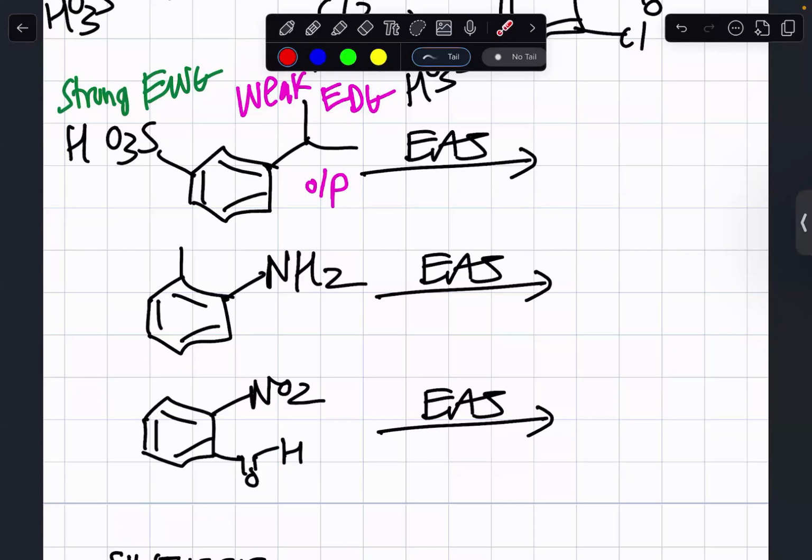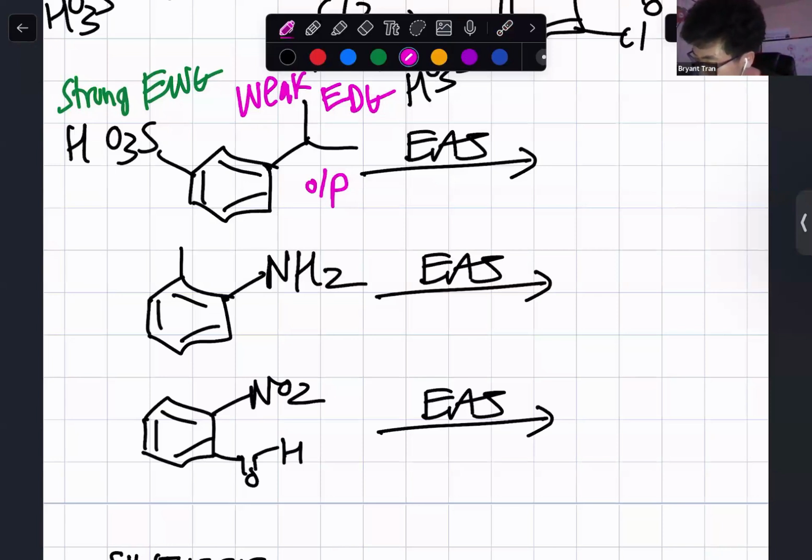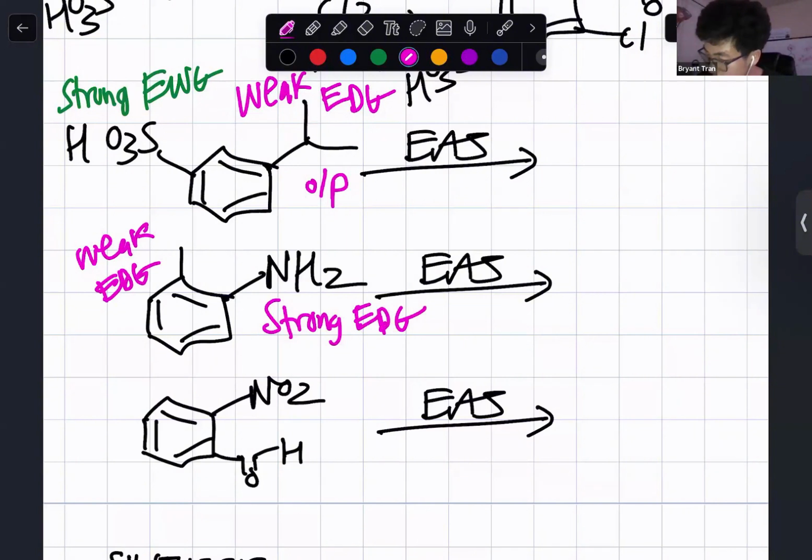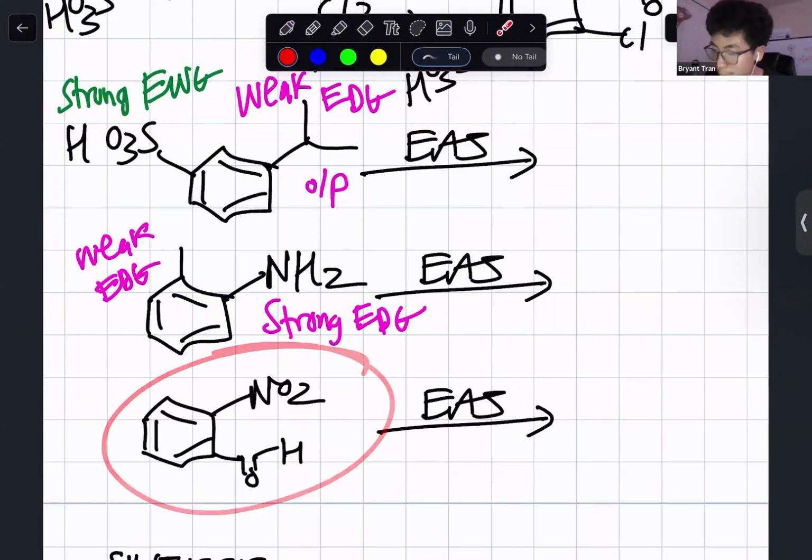Okay. Yeah, so for the second one here, what would be the directing group? Yes, it would be the NH2, because the NH2 here is the strong EDG versus the weak EDG. Now, for the third one here, what would be the directing group?